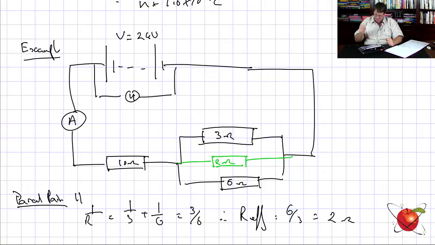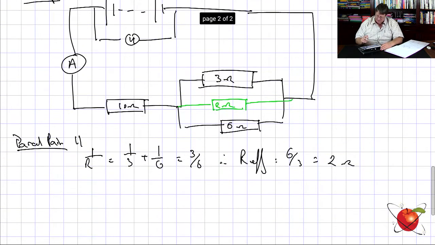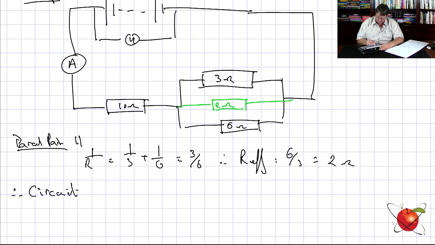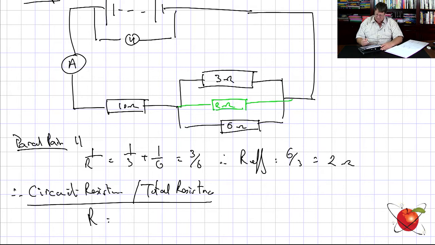Okay, next, I can say I've got that. Therefore, circuit resistance or total resistance is R. I've now got a 10 and a 2 in, one behind the other, haven't we?